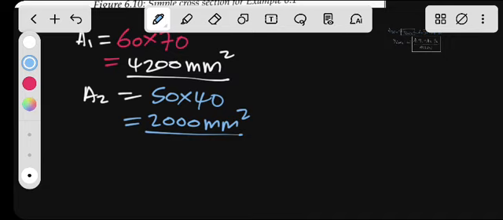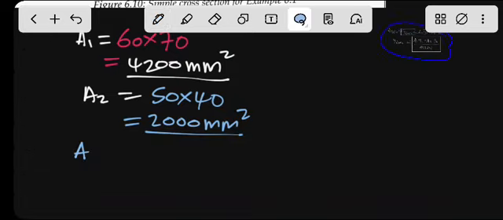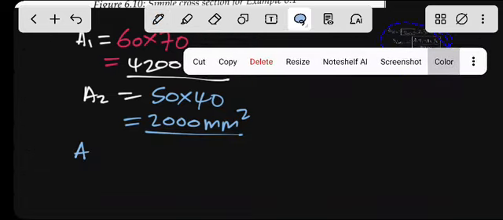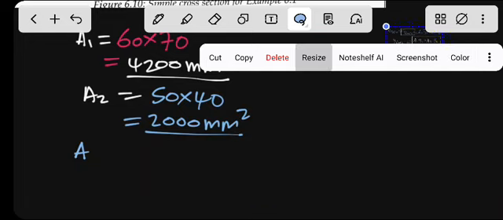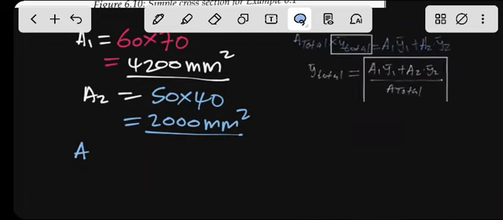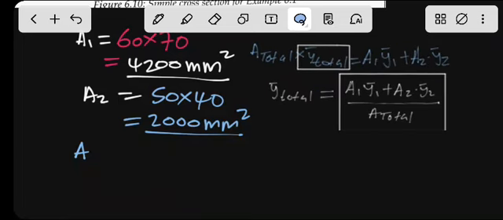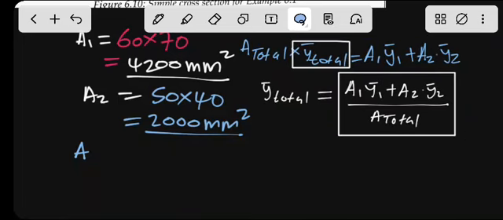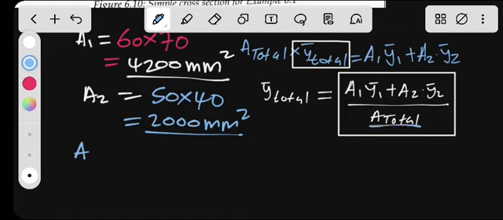All right, we have the area 2, but what about now? From checking this formula that we've discussed, as you can see, we have here at the bottom the total area. So the total area is the sum of these two. We have two objects.